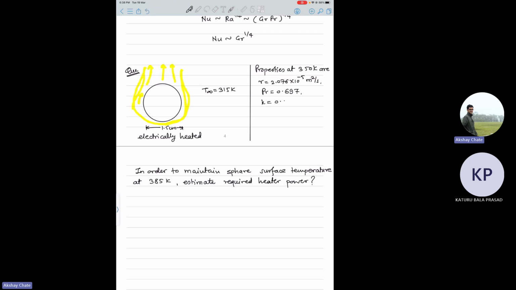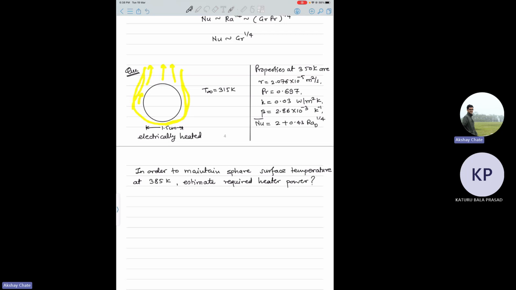Thermal conductivity is 0.03 watt per meter Kelvin. And beta is 2.86 into 10 to the power minus 3 Kelvin power minus 1. And they have mentioned to use the Nusselt number correlation, which is given as the average Nusselt number: 2 plus 0.43 Rayleigh number, based on diameter, power 1 by 4.